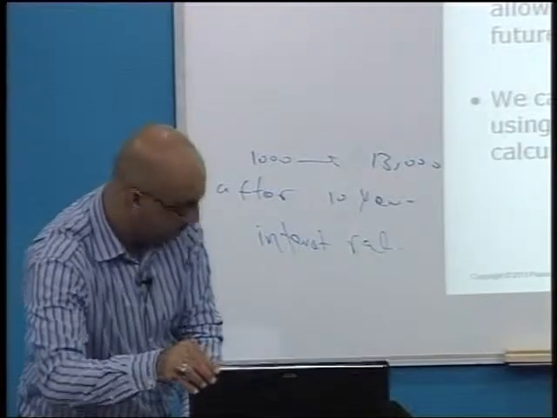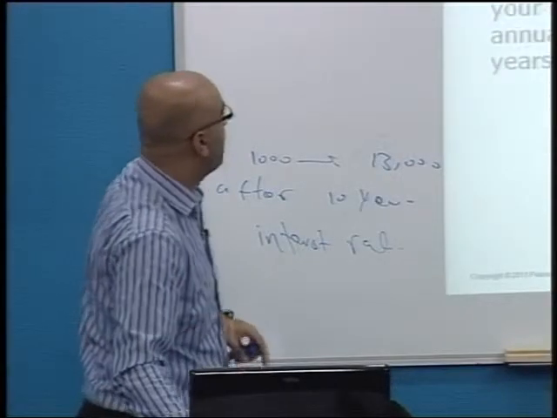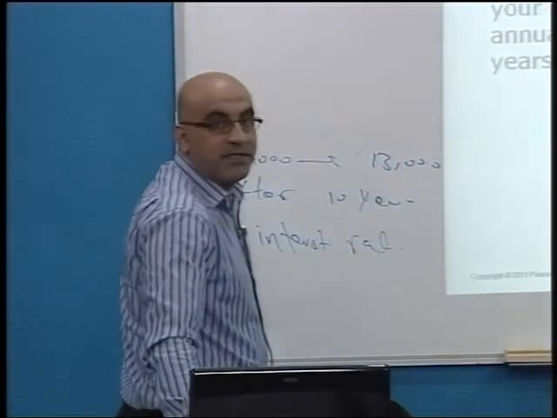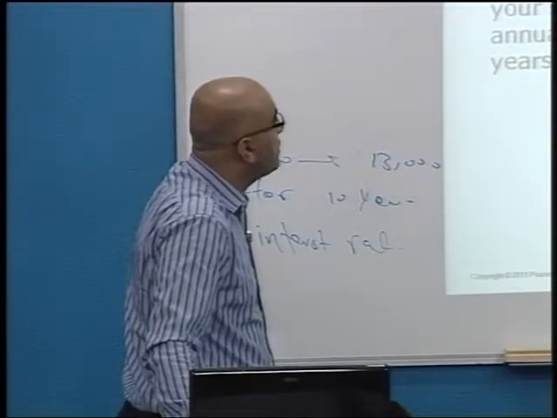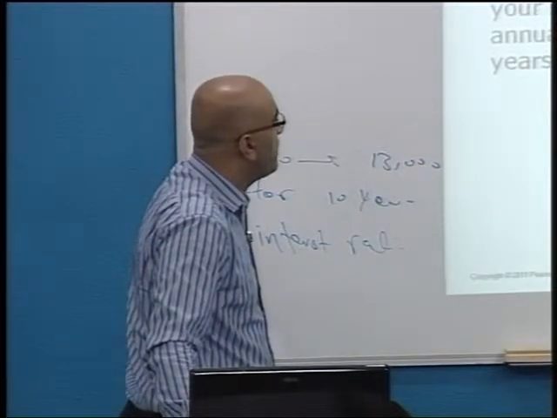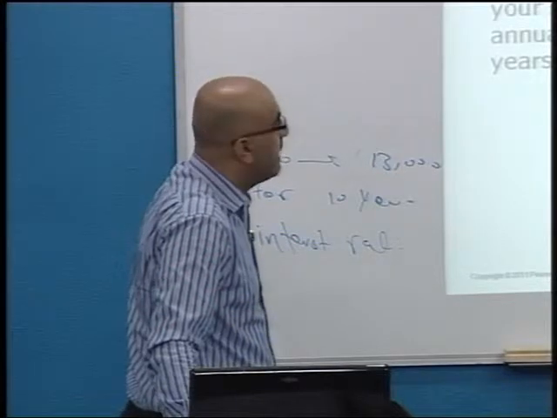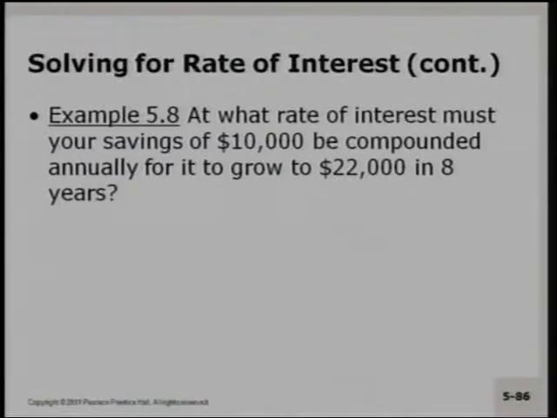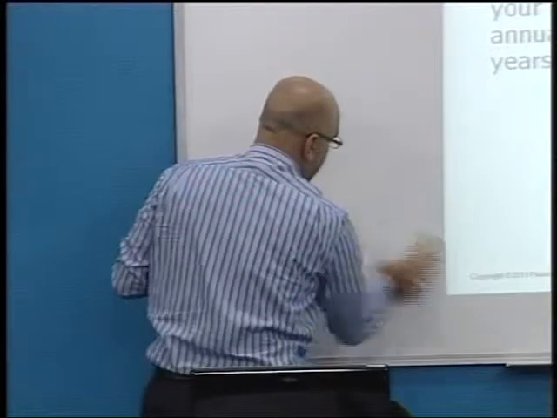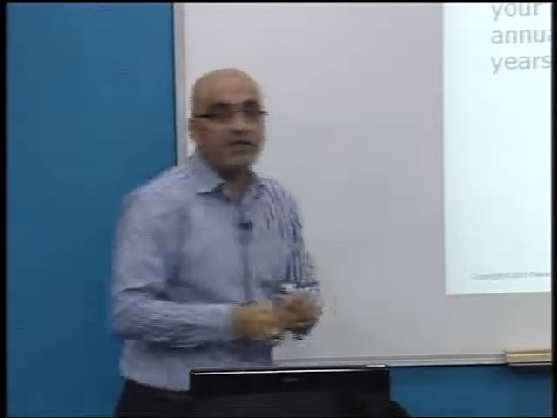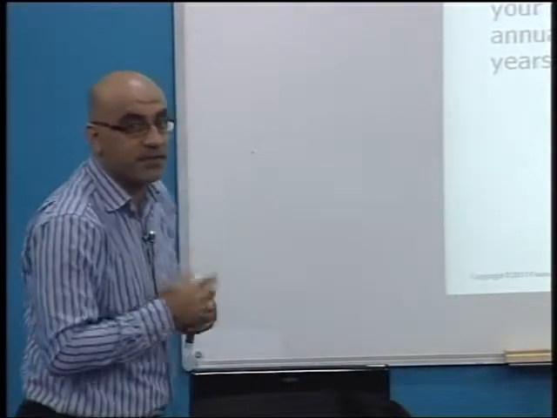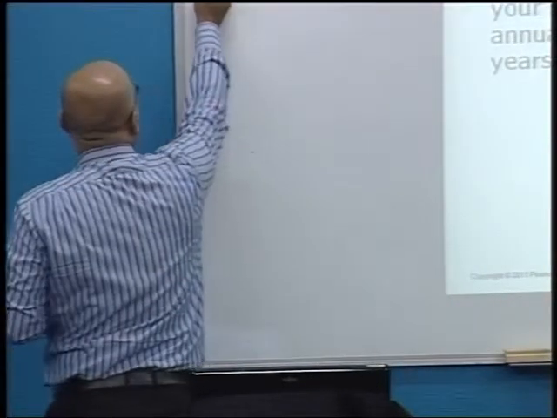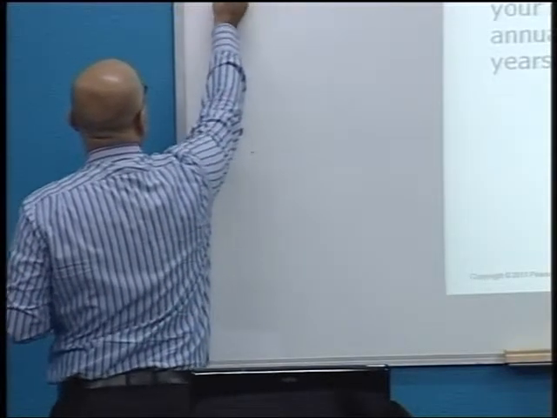Okay. Now, take this example. At what rate of interest must your saving of $10,000 be compounded annually for it to grow to $22,000 in 8 years? When you answer this question, do it in this format, please. Start with the future value. What is the future value?